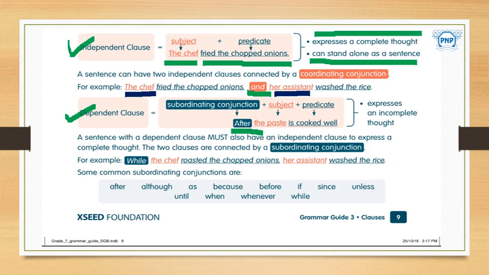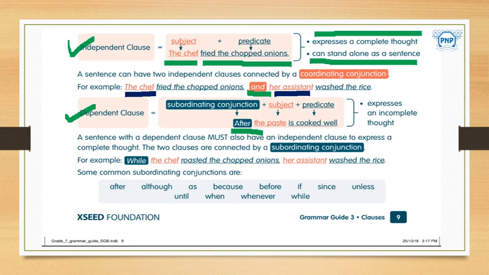Coordinating means when we join two sentences together and both of them have their own subject and predicate. That is nothing but a coordinating conjunction. And subordinating conjunction means a sentence wherein the clause is dependent for its complete meaning on the main clause, then it is a dependent clause.